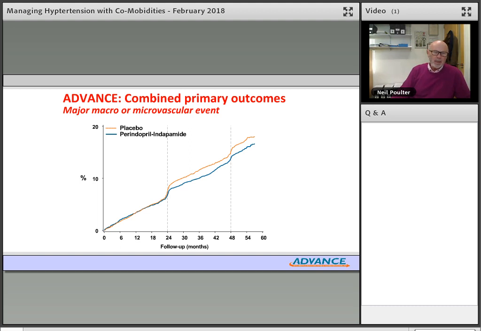And here you see in this trial, the perindopril indapamide gave a significant 9% reduction on major macro or microvascular events in the trial associated with the use of the ACE inhibitor or thiazide-like diuretics. So in diabetes, we've got ACE inhibitor plus thiazide-like diuretic, or the ACE plus CCB we saw with ACCOMPLISH.